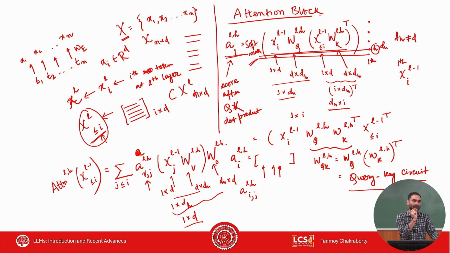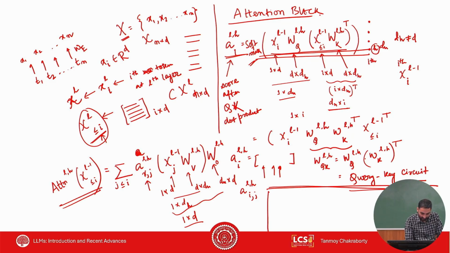Let's say if I had produced a vector of size D_H, and there are H such heads, concatenating them, H times D_H should equal D. But we did not do it here. Every attention head will produce a vector of size D, there are H such heads, and those will be added.